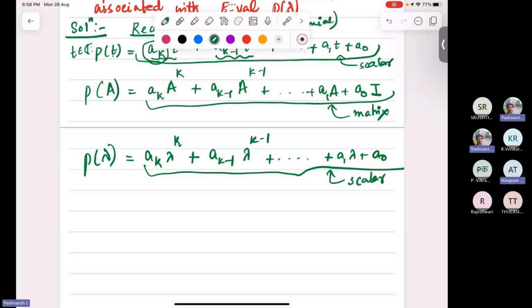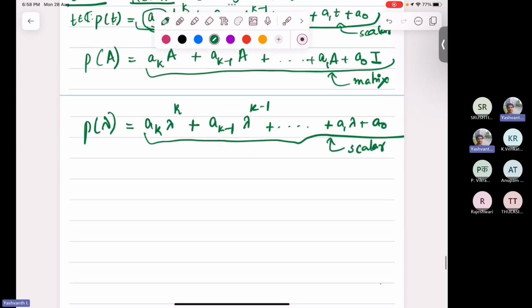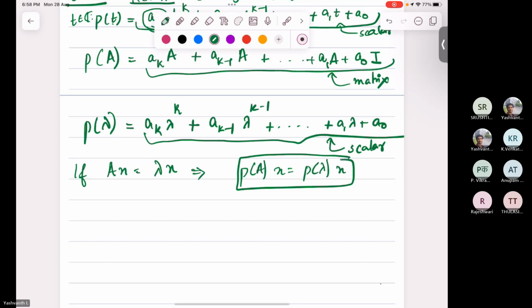It's like just t equal to lambda. So what we are asked to show is: if Ax equals lambda x, that is, if lambda is the eigenvalue of A with the corresponding eigenvector x, then P of A times x is equal to P of lambda times x. That's what the question is. So let's see the solution.